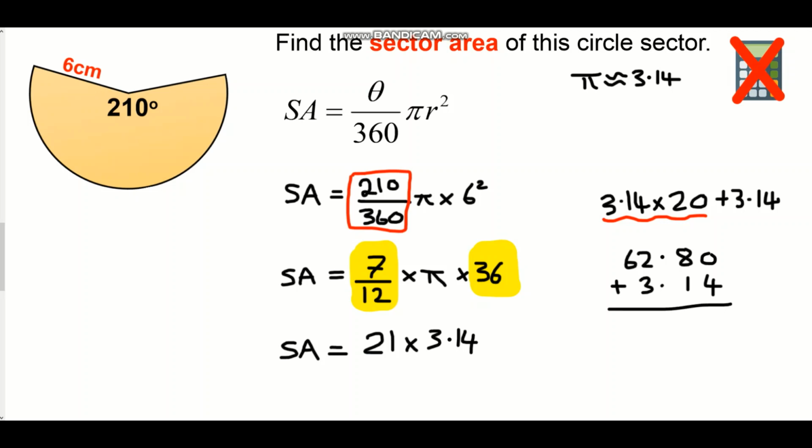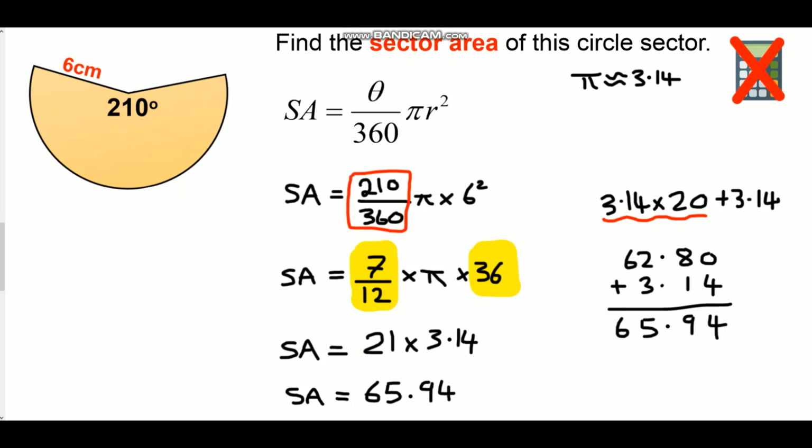Add those up. 0 add 4 is 4. 1 add 8 is 9. 2 add 3 is 5. And 6 add nothing is 6. So my final answer is the sector area of that slice, that sector up at the top left-hand side of the screen is 65.94.